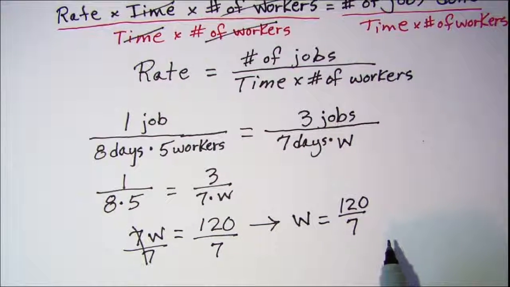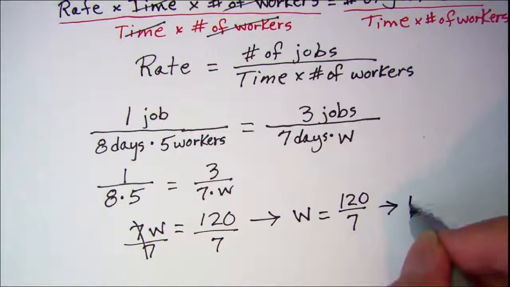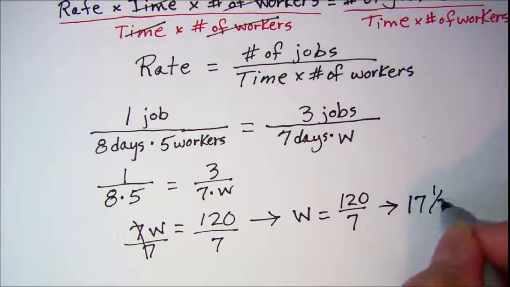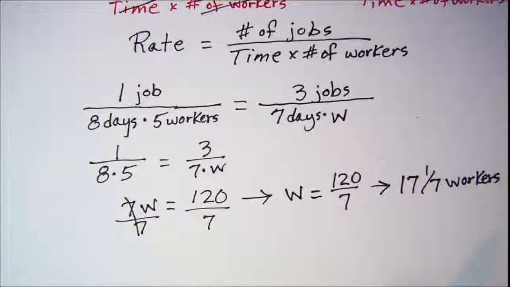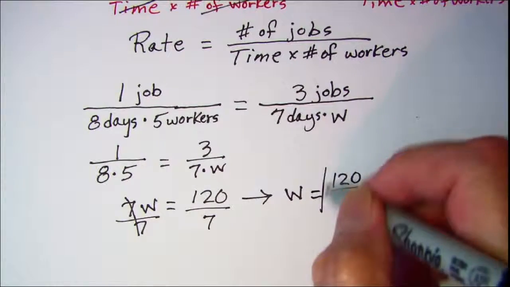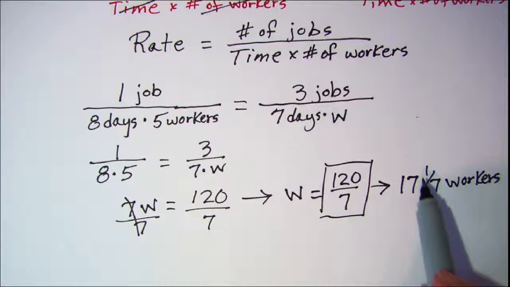Now this doesn't come out even. This is actually equal to 17 1/7 workers, which for the purposes of a math problem in a textbook, this would be perfectly fine for an answer. But if you're in real life, you don't want that 1/7 of a worker working.